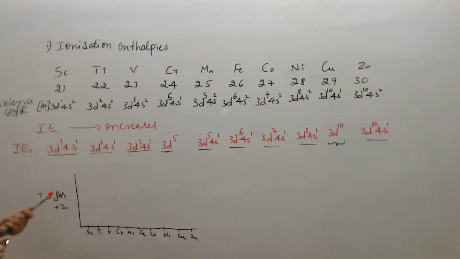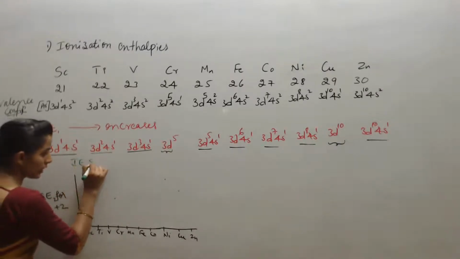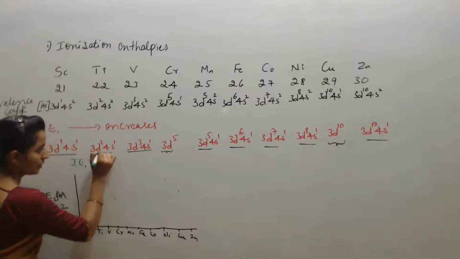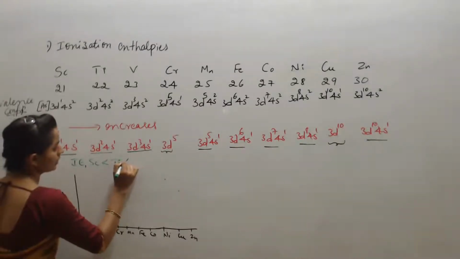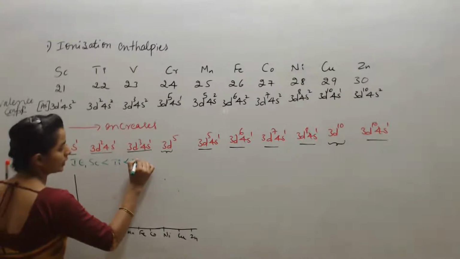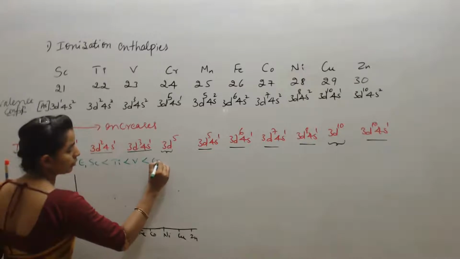So students, here I write the second ionization energy: scandium is less than titanium, less than vanadium, less than chromium.